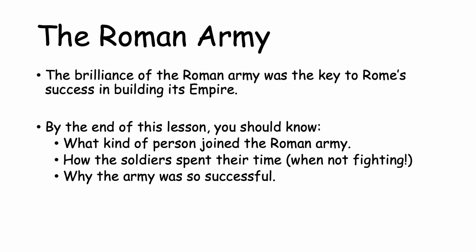Now, if you can remember the maps that we did, where it showed no countries were taken over by the Romans, and then the colours, it got more and more that they took over and they invaded many countries.